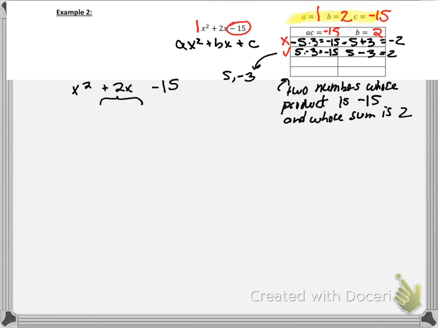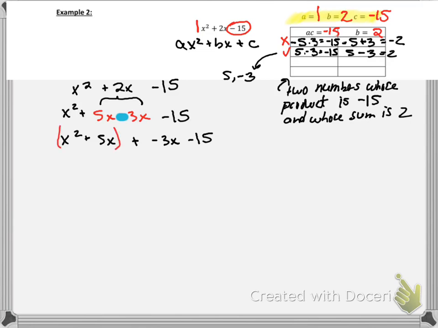We know that 2x can be rewritten as 5x minus 3x. Just like the previous problem, we can use factoring by grouping. Remember, it's kind of problematic when we have this negative sign here, so we have to adjust a little bit and rewrite it like this.